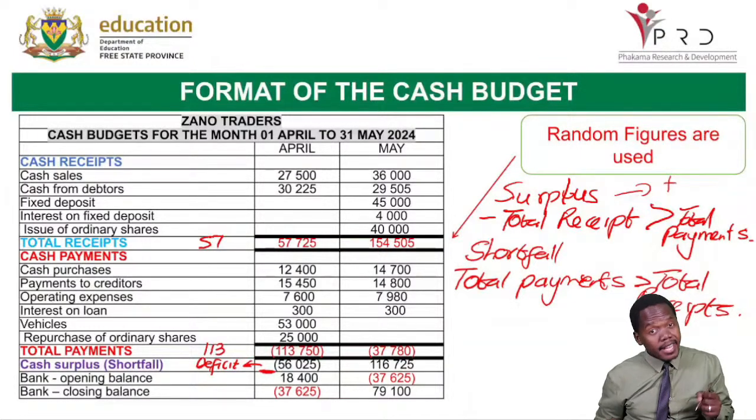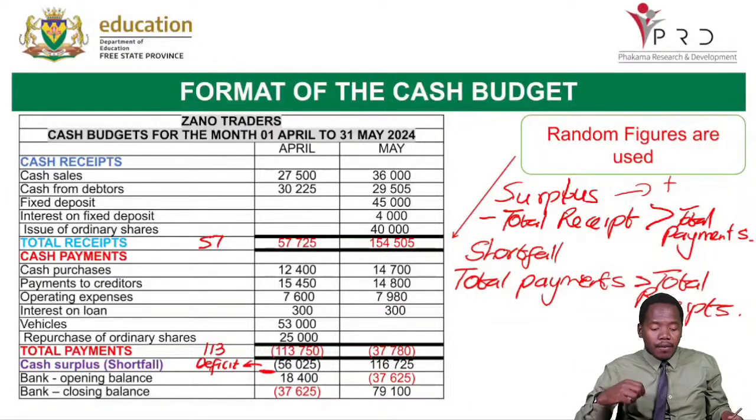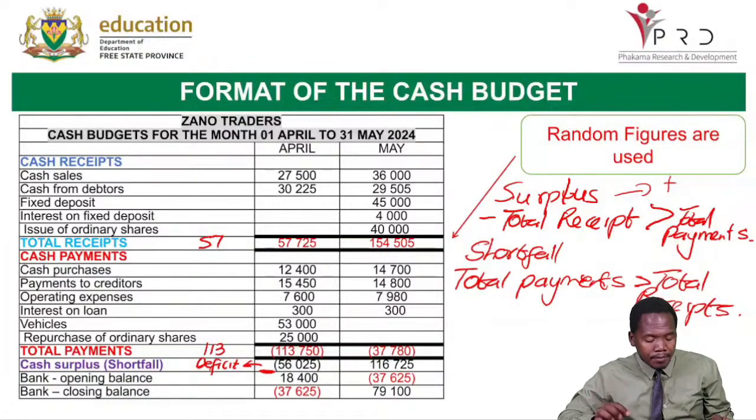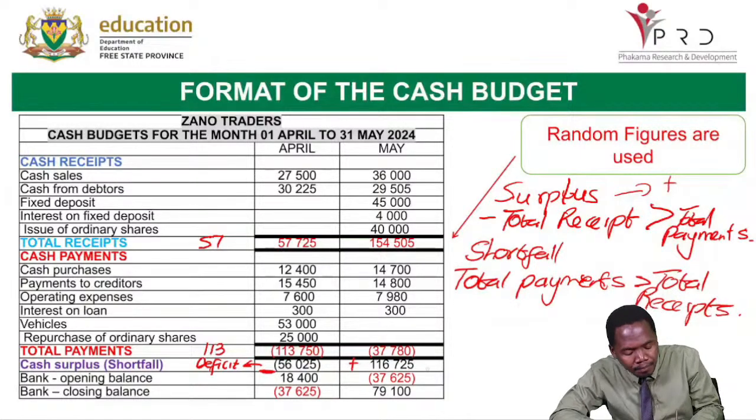Now, but for May, things got better. We didn't have a deficit. We had 154,505 minus 37,780, and then we got a surplus. So this is positive now. This is a surplus.